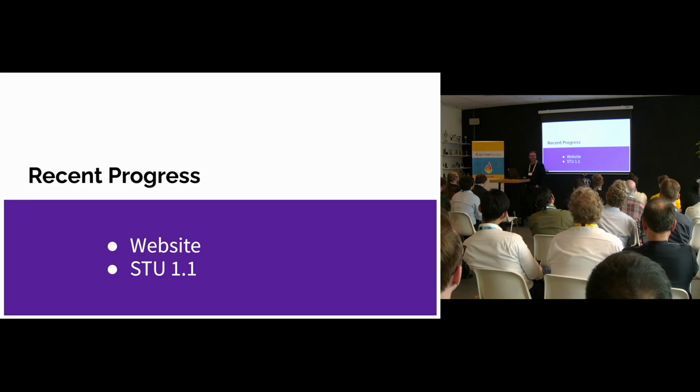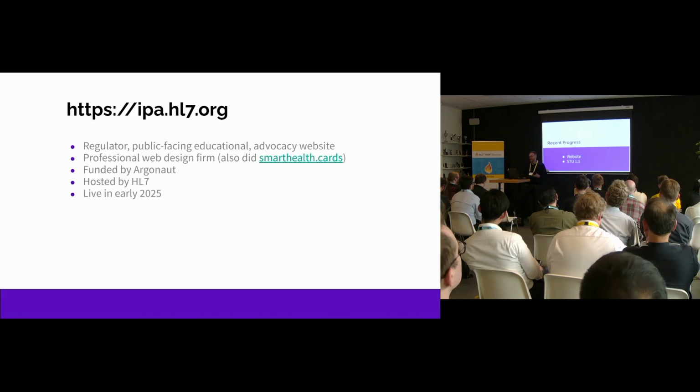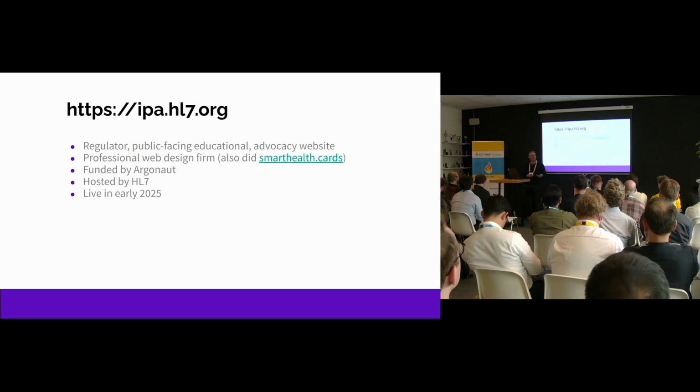So over the last 6 to 9 months, we've really had two big achievements within the project. Towards our goal of marketing and encouraging greater adoption of the IPA specification and goals, we've created and released ipa.hl7.org, which is a public-facing website that introduces the goals and the usefulness of IPA toward more of a policymaker audience.